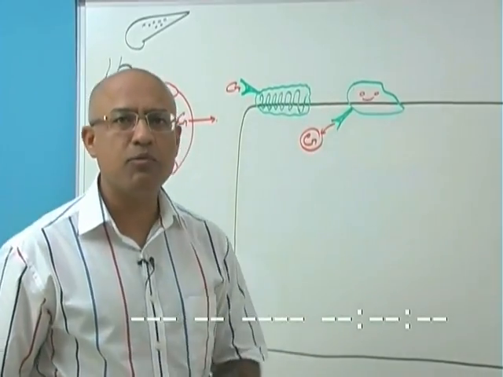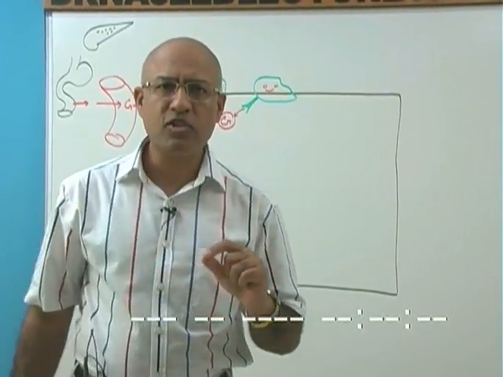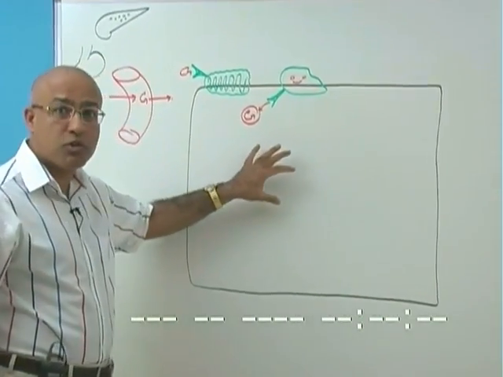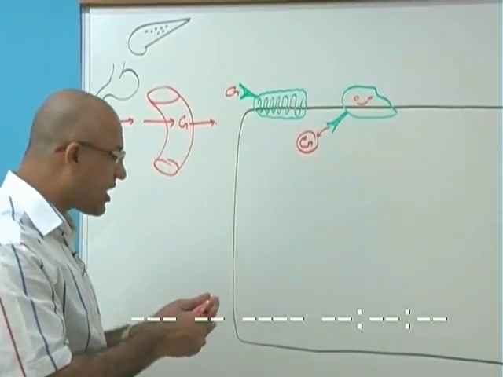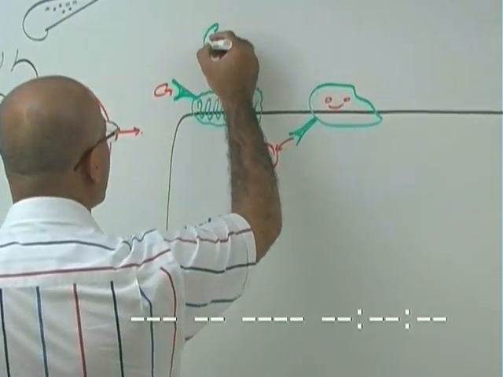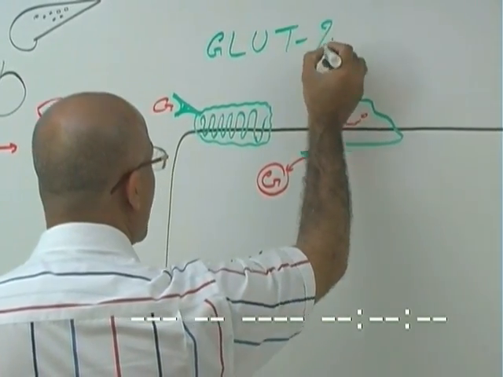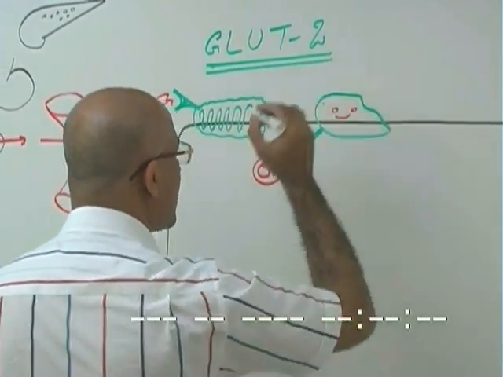This is a very special type of glucose transporter, present on the beta cell, called glucose transporter type 2, or we simply call it GLUT-2.